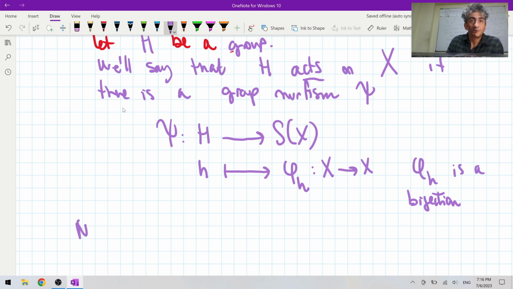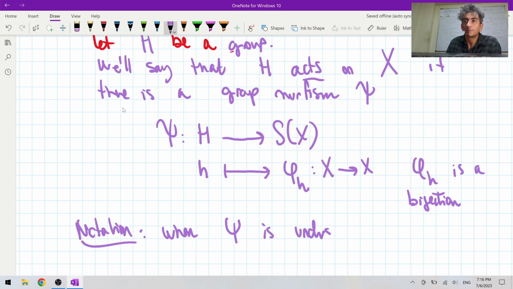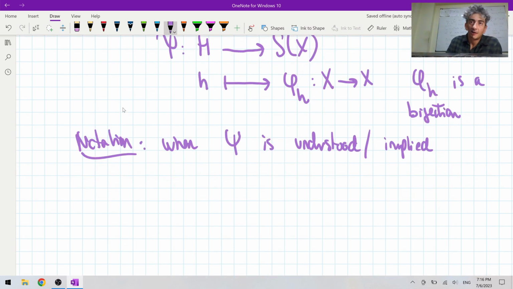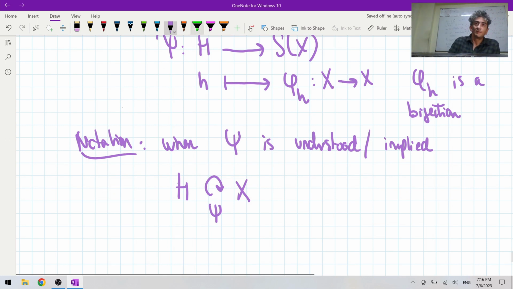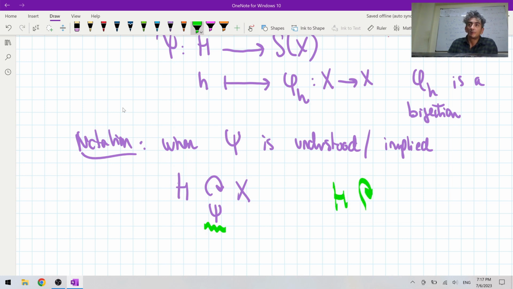Notation: when psi is understood, or implied, we simply write that H acts on X using psi. This letter is usually omitted and we just keep this notation for H acting on X.